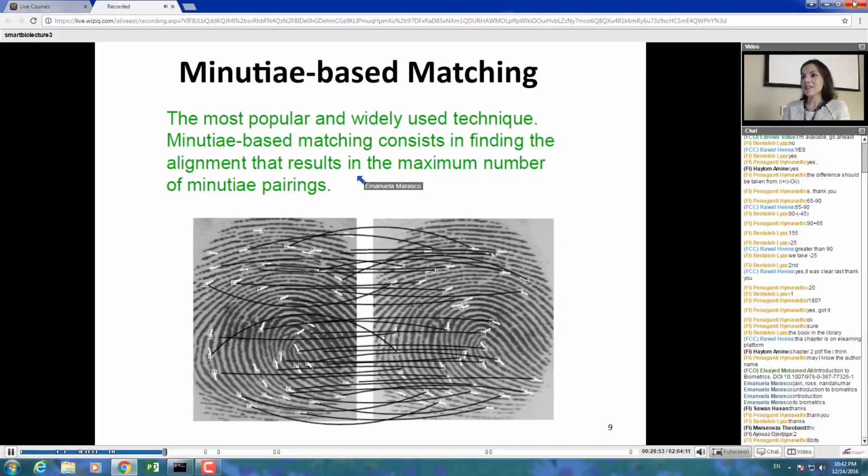And this is the definition that we are going to analyze in a few minutes. I promise that at the end of this lecture you will know what we are talking about: alignment and minutia pairing. We will clarify all these concepts.